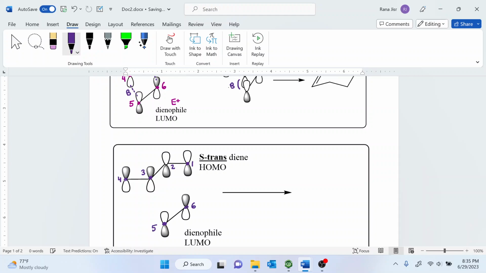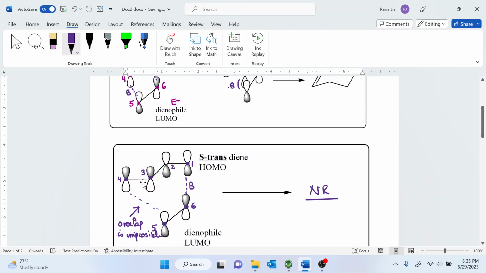Although 6 is close, so I can do bonding in here. But here it's too far away that the overlap is impossible. So this is why there will be no reaction if your diene has an S-trans conformation.